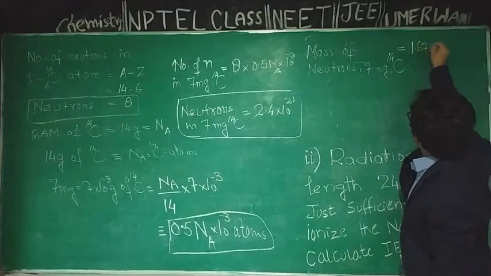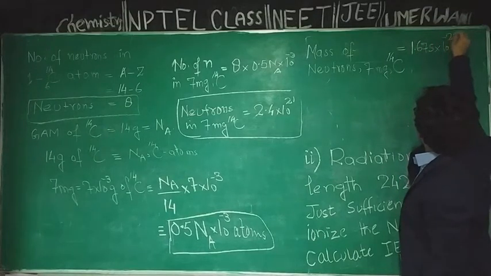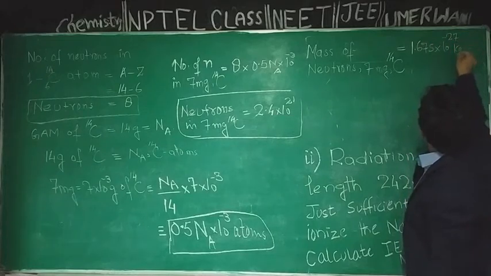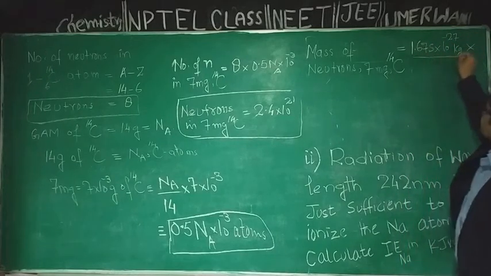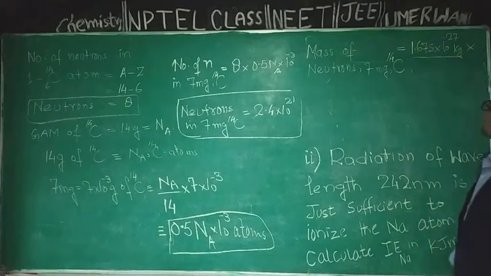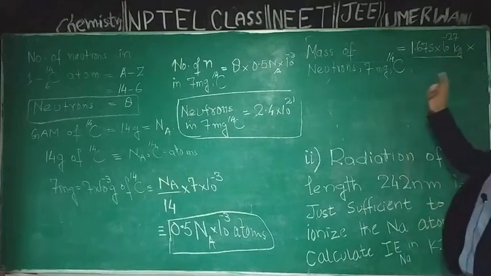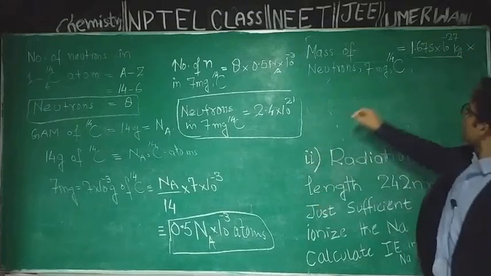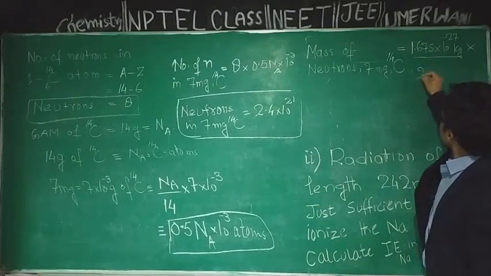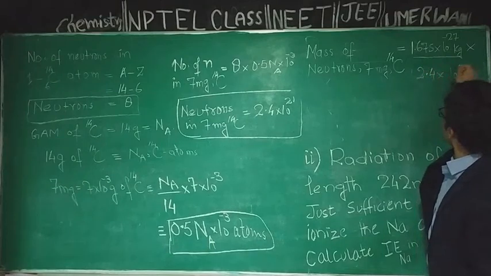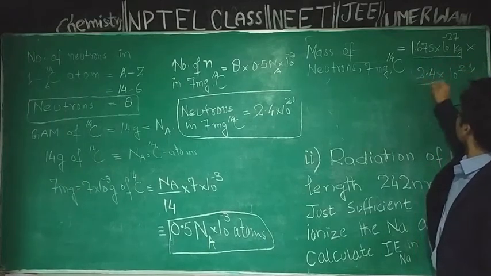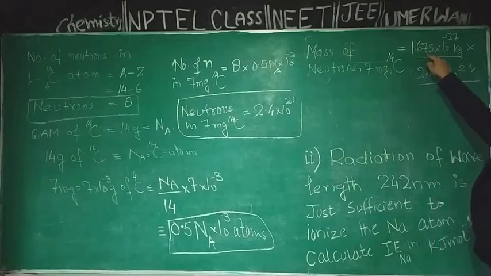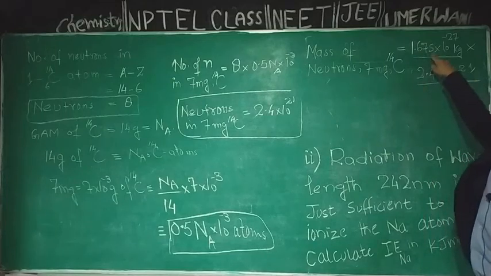1.675 into 10 to the power minus 27 kg, multiplied by the total number of neutrons, which is 2.4 into 10 to the power 21. This is the actual mass of one neutron, of the order of 10 to the power minus 27 kg.